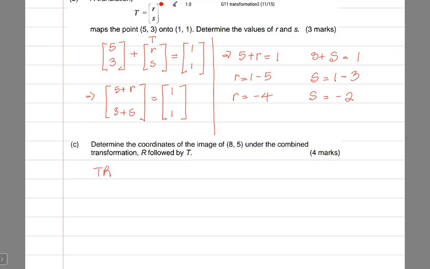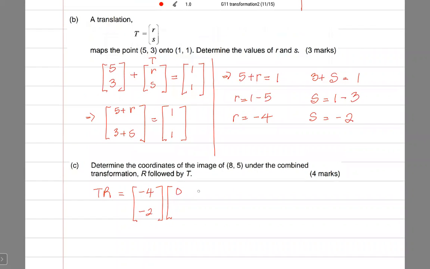The problem with this is that T is minus 4, minus 2, now multiplied by R, which is 0, minus 1, 1, 0. Now you see this is an impossibility. It cannot be done.